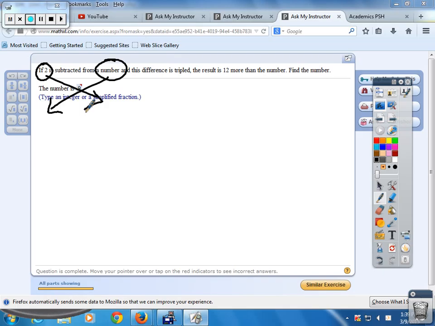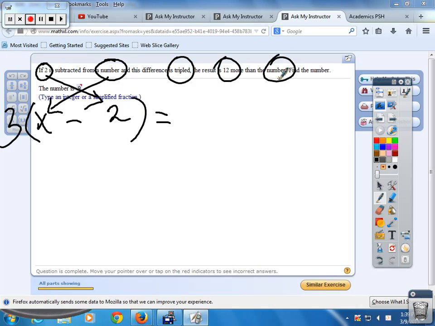Whenever you see any kind of hint of subtraction, crisscross. So there is your equation.